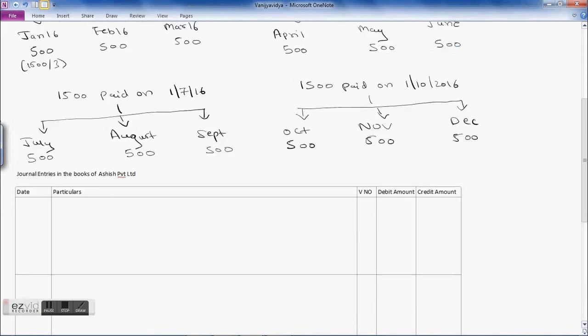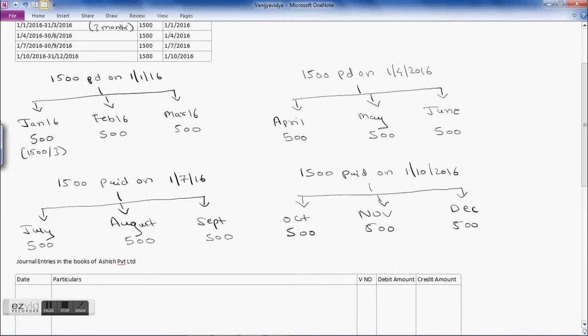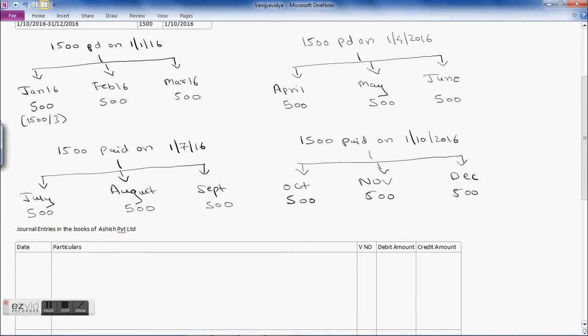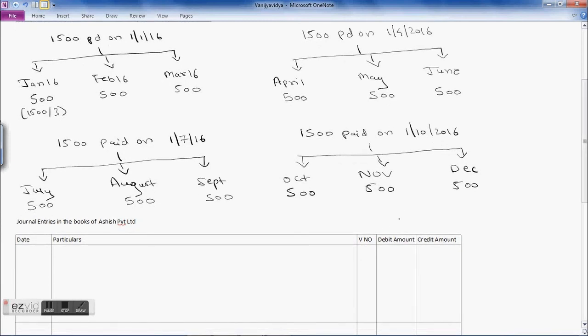So journal entries in the books of Ashish Private Limited. Okay, so let's see. First is a payment entry on 1st Jan 2016, right? So what are the two accounts that are affected? Since we are paying it through check, one is the bank account, and since we are paying an advance expense, the other account will be prepaid expenses account.